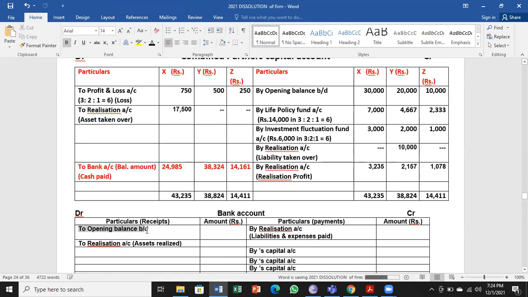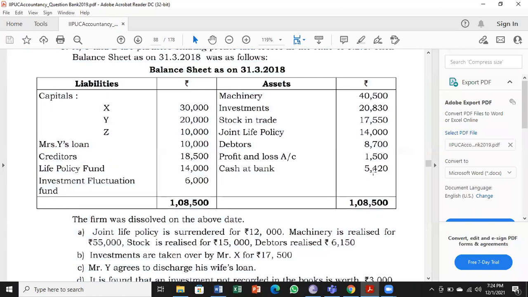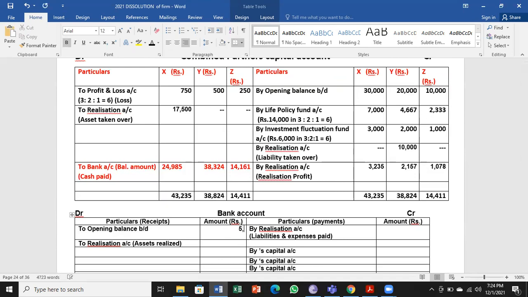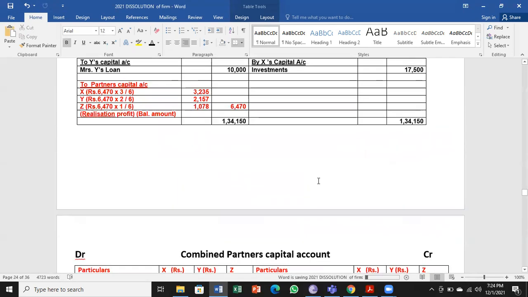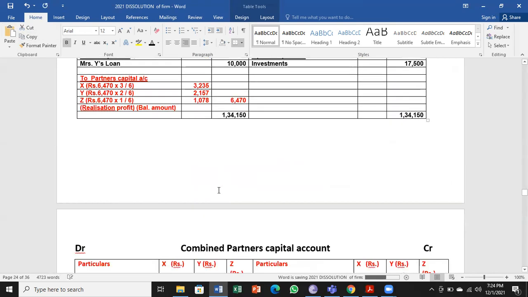To opening balance brought down, because it is an asset. So cash at bank 5,420. Then transfer entries for assets realized. We have 88,150.